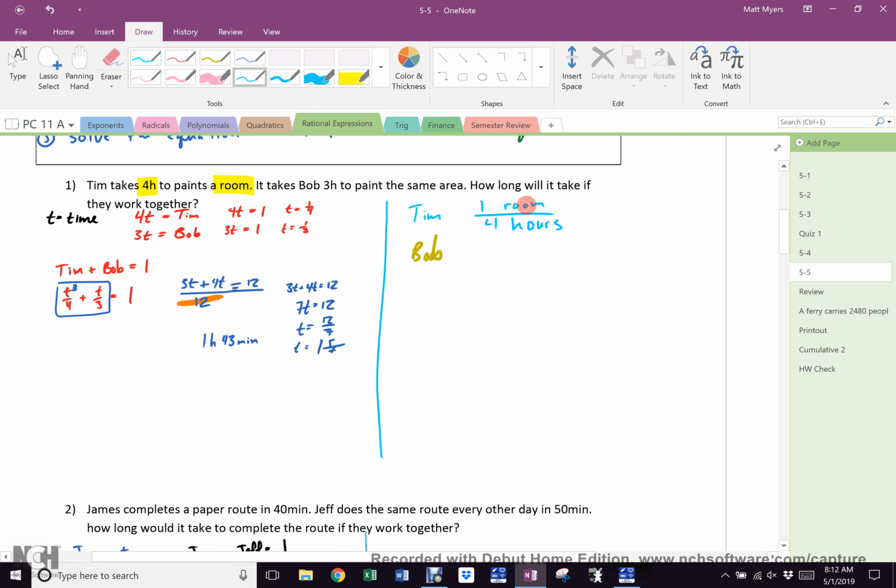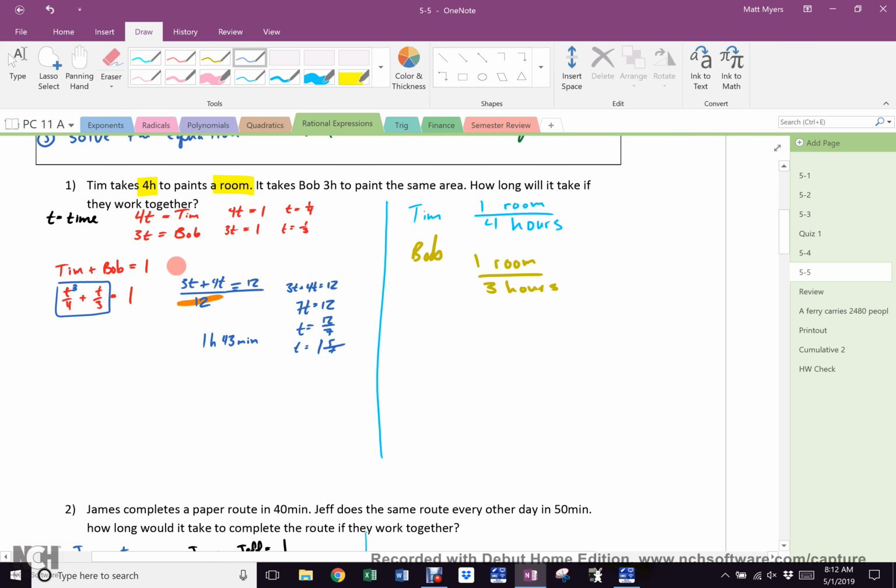Does that work better for everyone? Okay, which means Bob is 1 room per 3 hours. This is the same, like I said, as 1 kilometer per hour. Everybody with me?